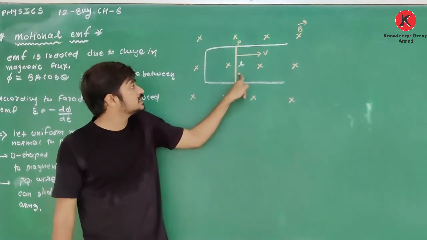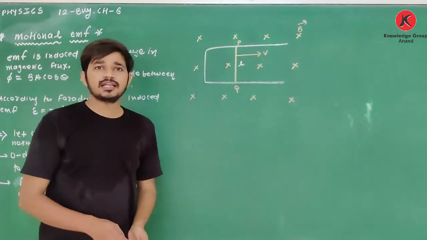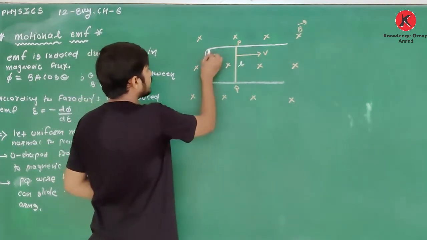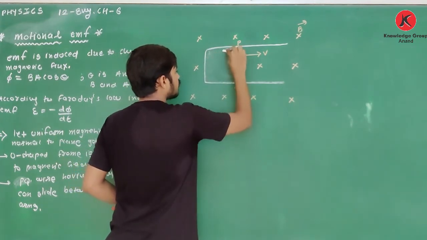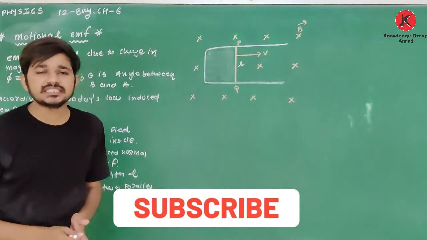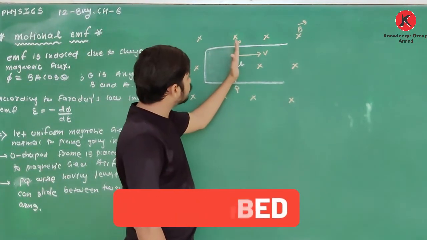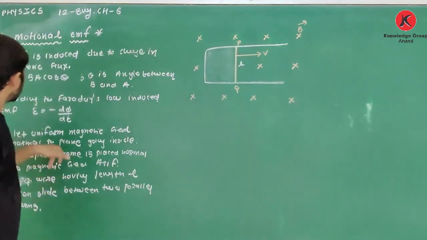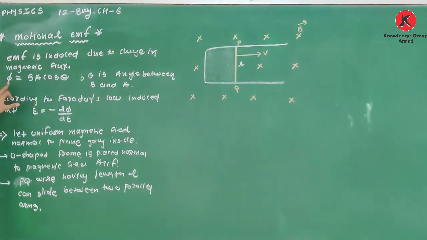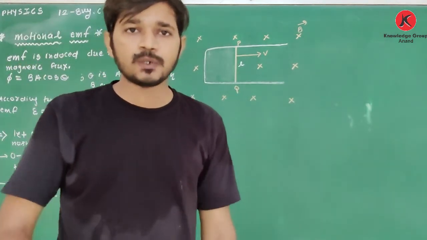If I slide this PQ wire with uniform velocity v towards right, then the area enclosed by the wire continuously changes. The area increases, so there is change in flux, and due to change in flux, EMF is induced. Clear about this?